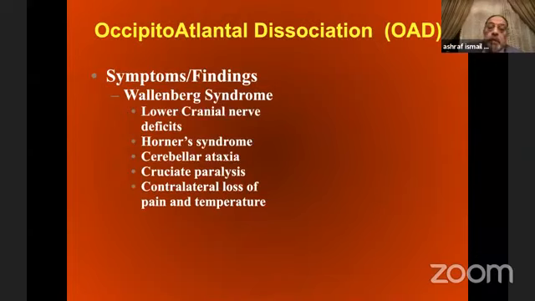Usually, the neurological symptoms will be that of injury of the base of the skull or injury of the lower cranial nerves, and each one, either the hypoglossal, the glossopharyngeal, the vagus, or the spinal accessory, has its clinical features to be presented if this patient is conscious.